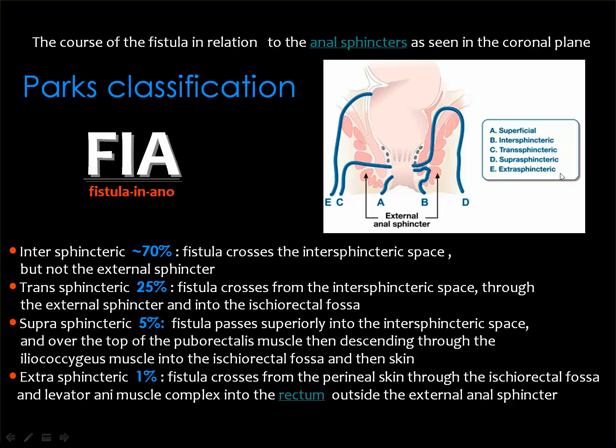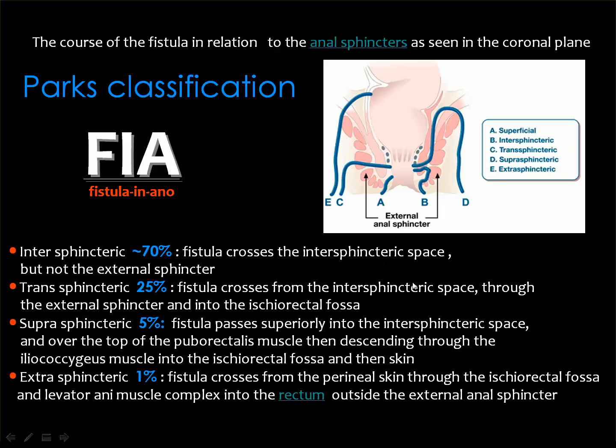Then the suprasphincteric, and this suprasphincteric fistula starts from the anal canal, going between the sphincters, then going up until it reaches the puborectalis or even crosses the levator ani, then curves to go through the SQ anal or the SQ rectal fossa.